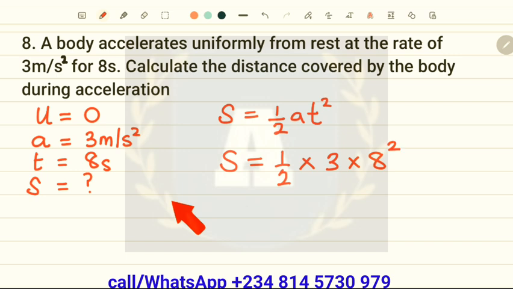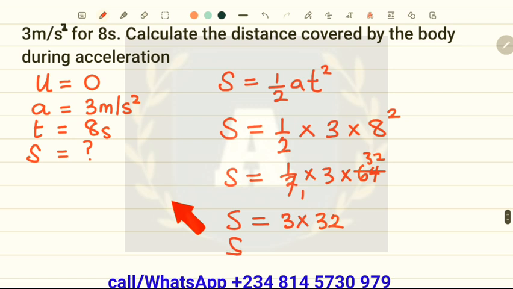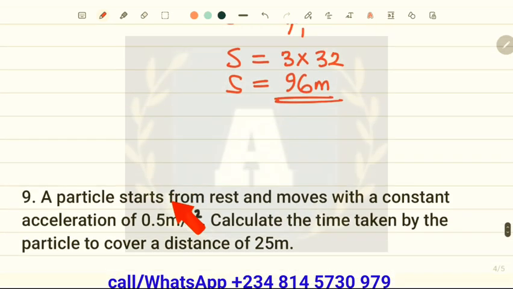So we have s equals 1 all over 2 times 3 multiplied by 64. 2 here is 1 and 2 here is 32. So the distance will be 3 multiplied by 32, and the distance covered by the body during the acceleration is 96 meters.